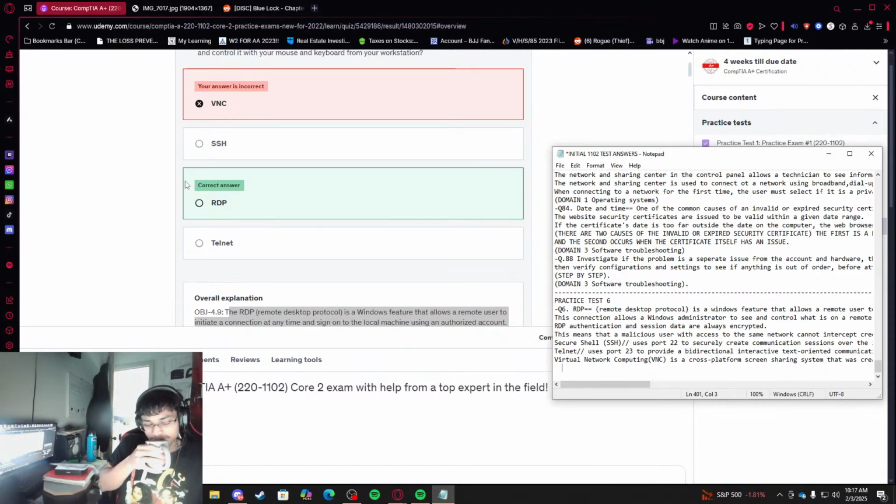Encrypts from other users. Telnet. It's an open protocol that uses text-based, terminal-based communication.